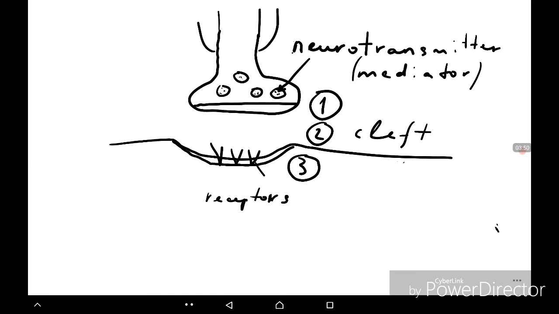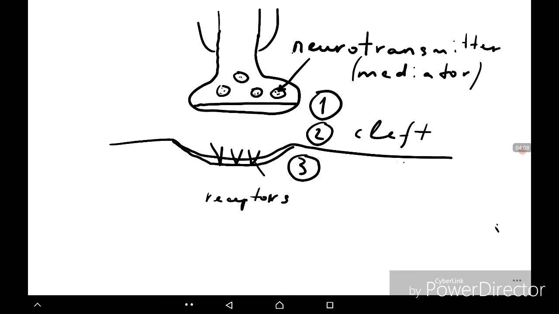So we discussed the structure of the synapse, and now we will speak about the mechanism of the synaptic transmission. The action potential comes to the presynaptic membrane.